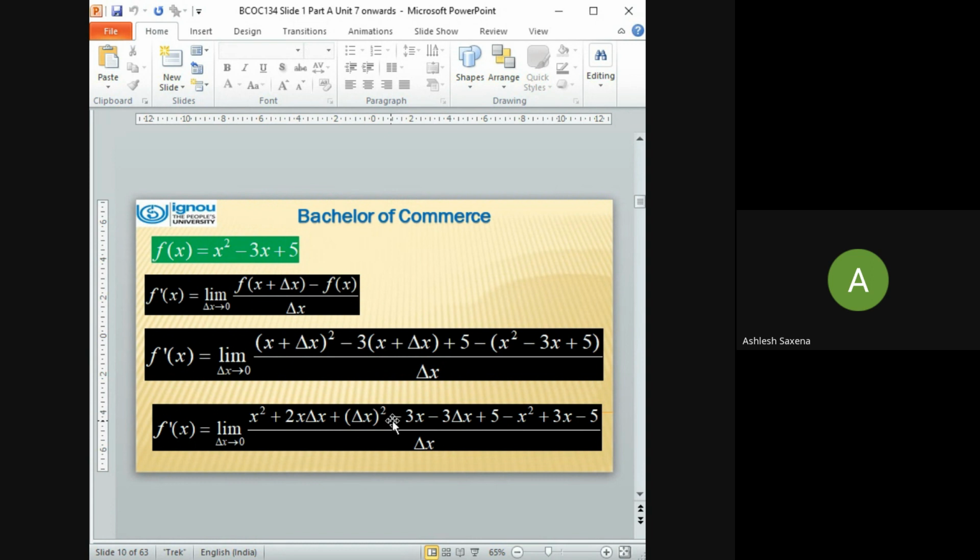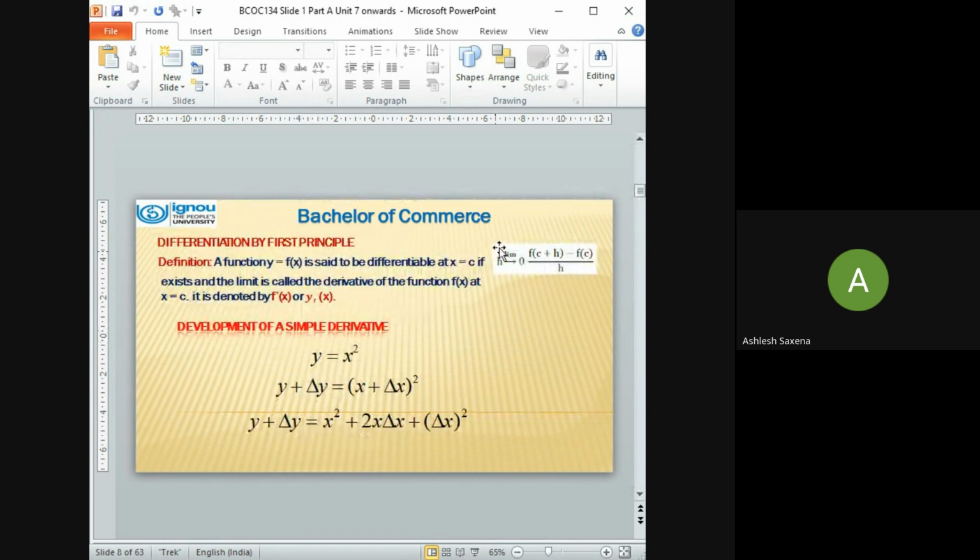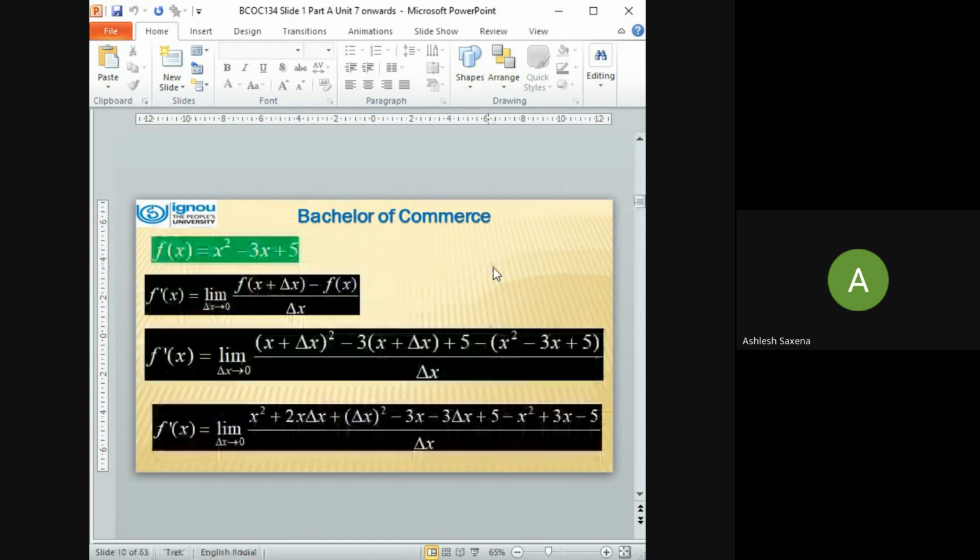And as far as your f of x is concerned, it will be in terms of x only, and the derivative will be f dash x. Now, we apply the limit delta x tends to 0. This is the basic formula of the derivatives. This has been shown to you over here. This is what is being performed.